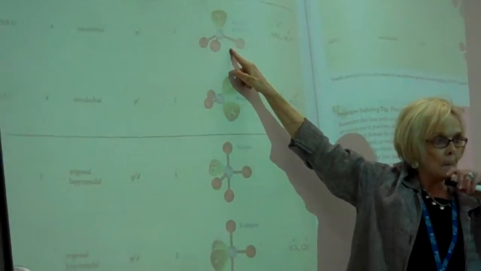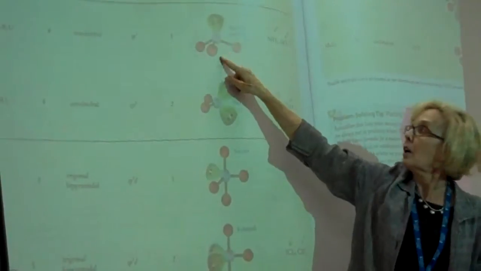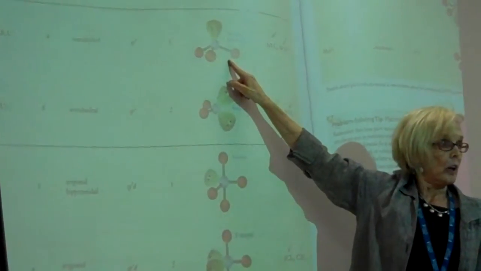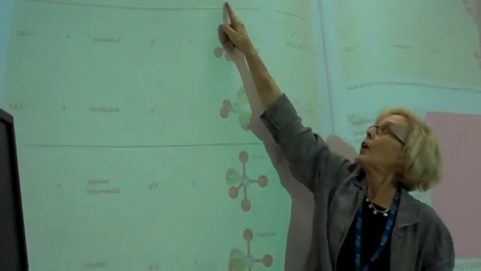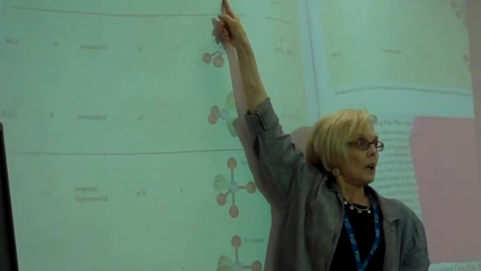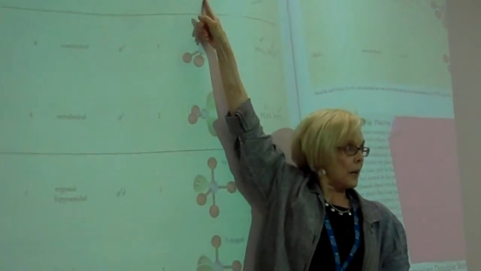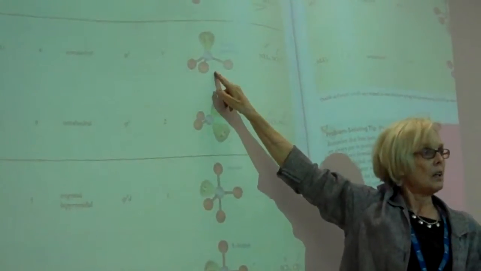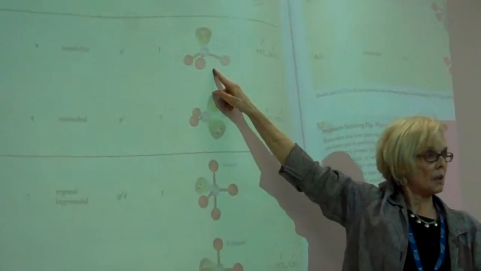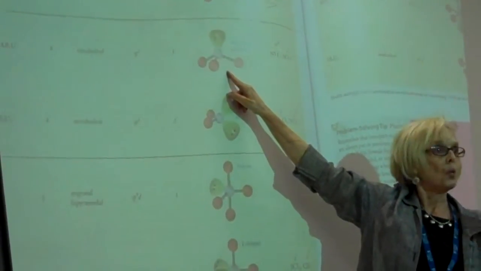Okay, AB2 with 1 lone pair, what are the angles? Less than 120, because you started as a trigonal planar. Now, what are the angles here? Less than 109.5.